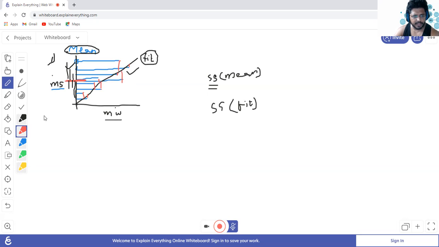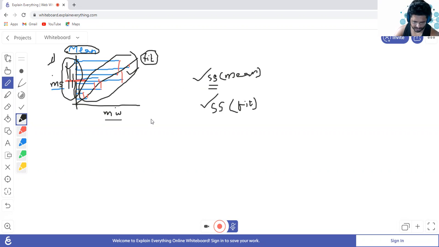So what is SS fit? SS fit is the y distances of the points from the fit line, squared and added. So this total squared summation is called SS mean, and this total squared summation is called SS fit.